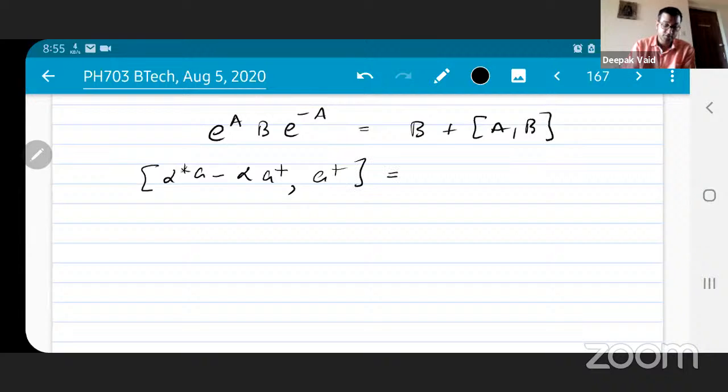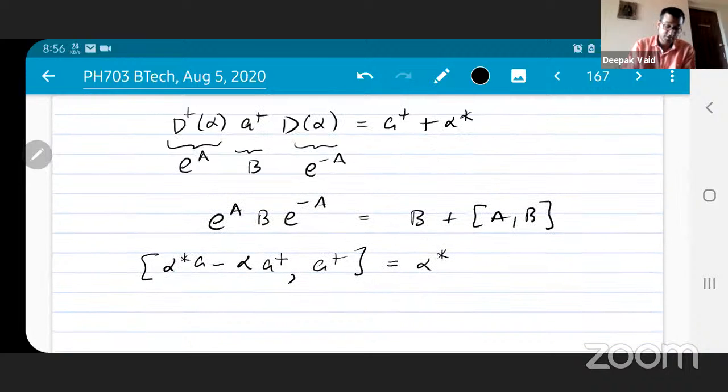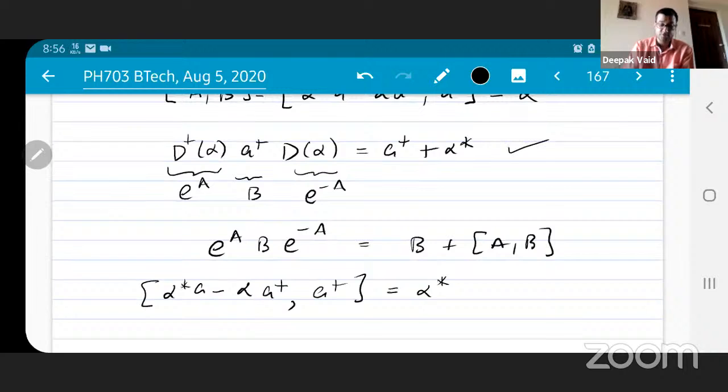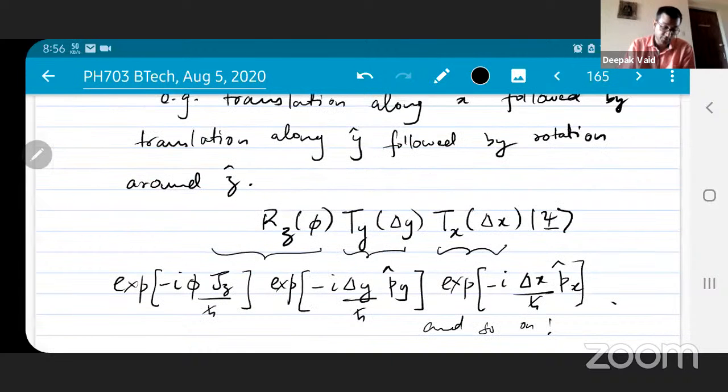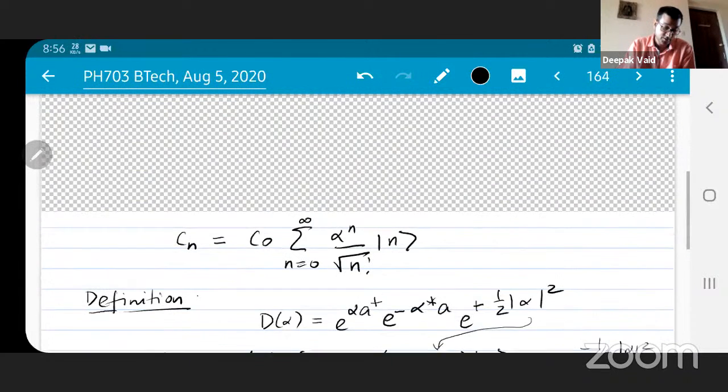What is the commutator of this? The commutator is alpha star, right? So this is also good. So this is a displacement operator for both A and A dagger. These are the two properties. And then the final property, this D of alpha beta, where is that property?